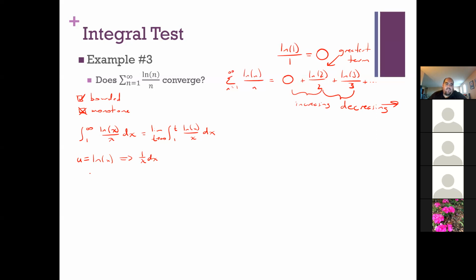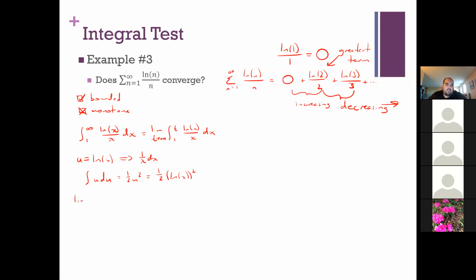So let's deal with the indefinite integral first. We don't need the limits, but you have the integral of u du. That's equal to 1/2 u squared, so 1/2 times natural log of x squared.